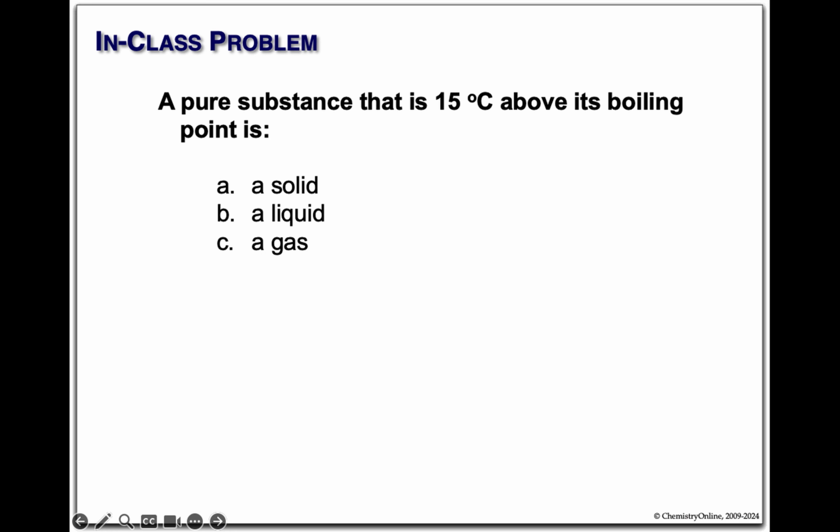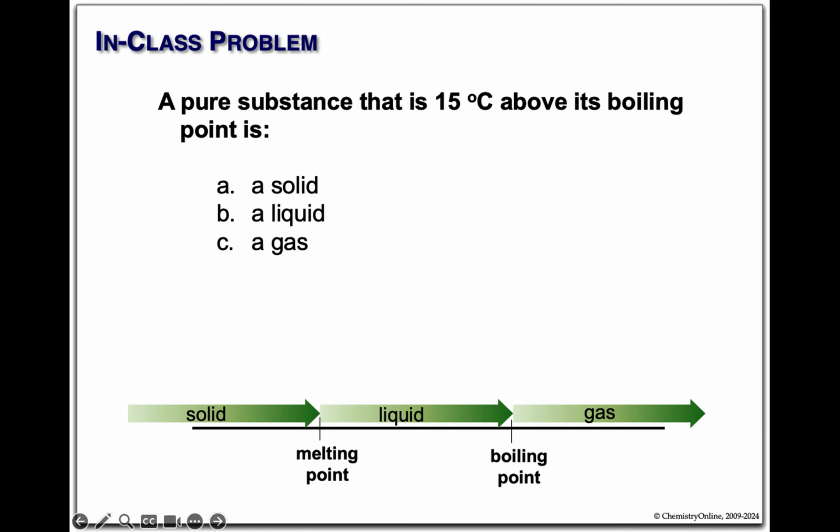So the next class period, we went over the question. And I said, think about this in terms of a line. We have a melting point, we have a boiling point, solid, liquid, and gas. If we're 15 degrees above boiling, here's boiling, we're here. It's a gas.